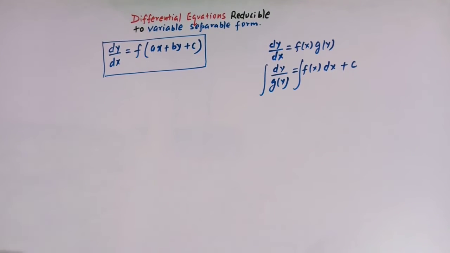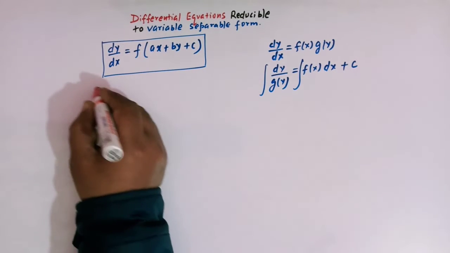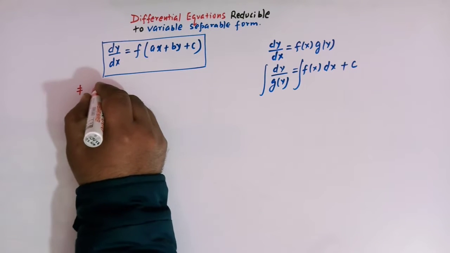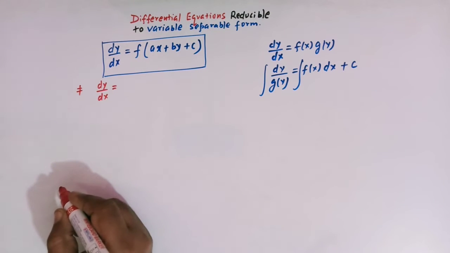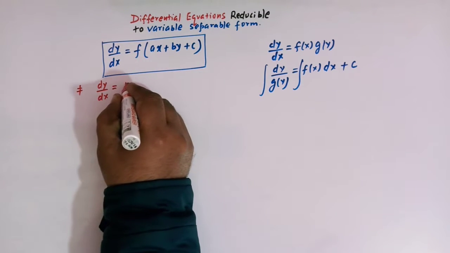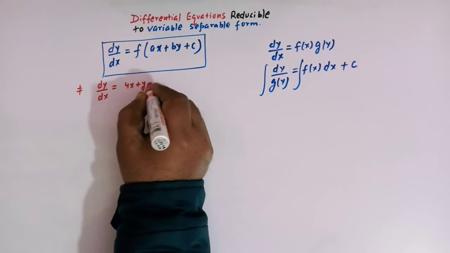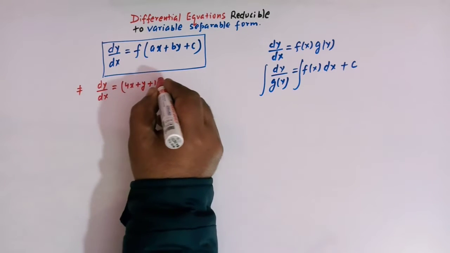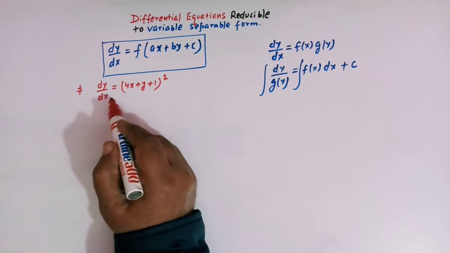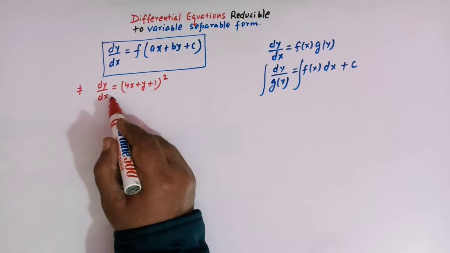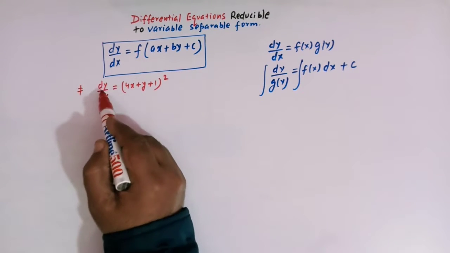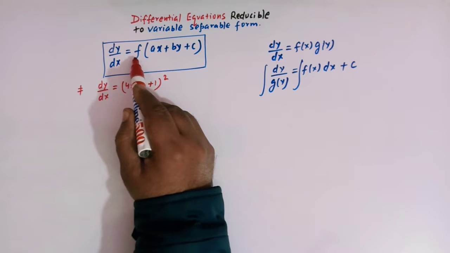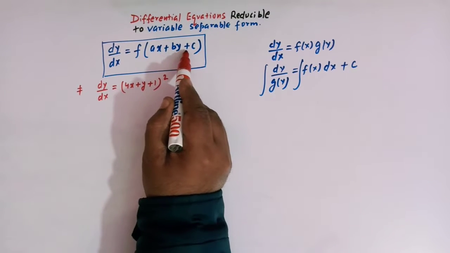Let us start with an example. Suppose we have to solve the equation dy over dx is equal to 4x plus y plus 1 whole square. This equation is similar to the earlier one: here we have dy over dx, and here we have f of ax plus by plus c.